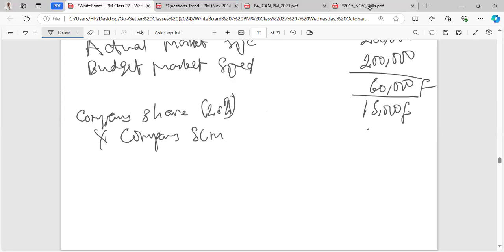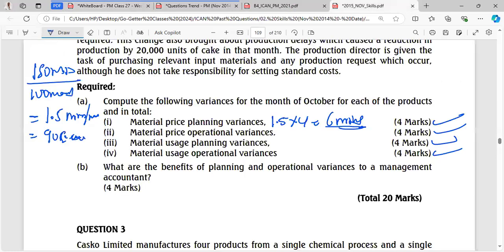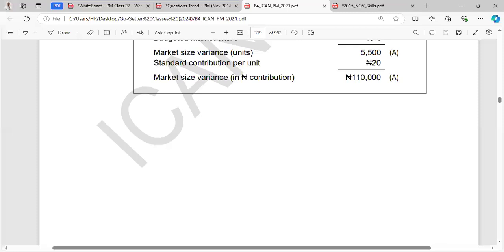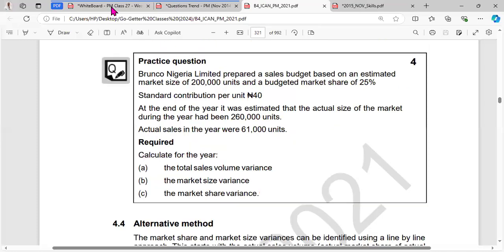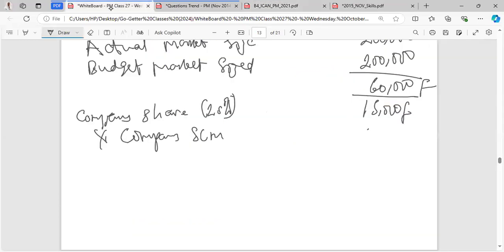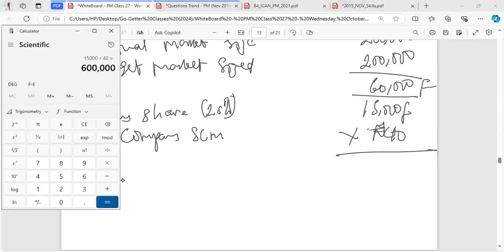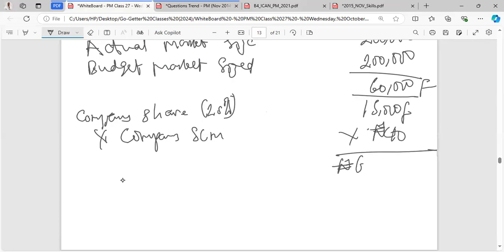Our contribution margin, from the question, happens to be 40 naira. So 15 times 40 gives you 600,000 favorable.